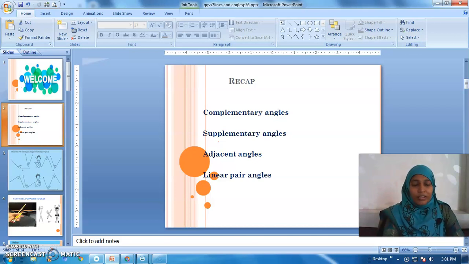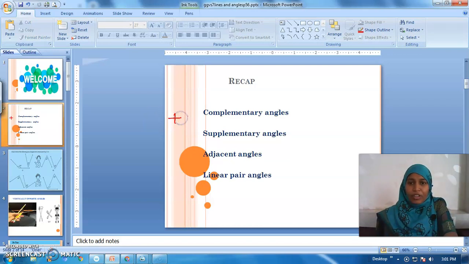Apart from that, this year you were introduced to complementary angles. What is meant by complementary angles? If we have two angles and if I add them, it should be equal to 90 degrees. Then they are called complementary angles.